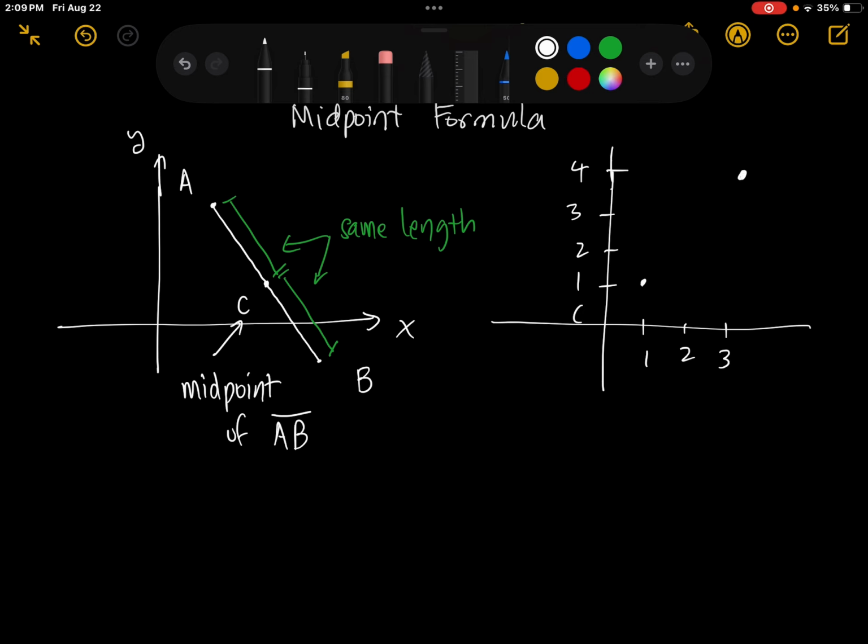So the first point is 1, 1, the second point is 3, 4. And I'm trying to find the point that's right in the middle of the line segment that will split the line segment into 2 equal pieces. How do you think I can find the point in the middle?